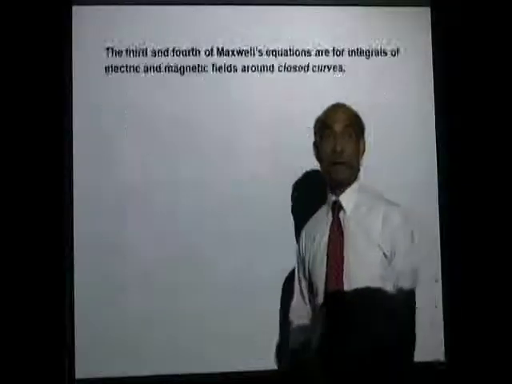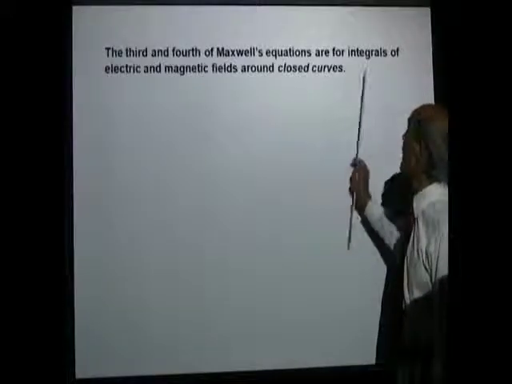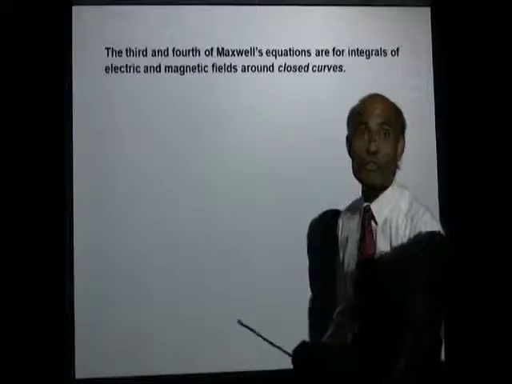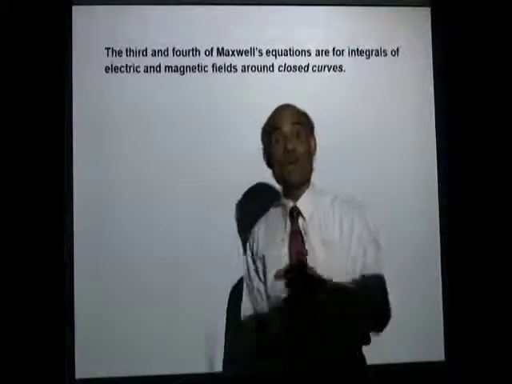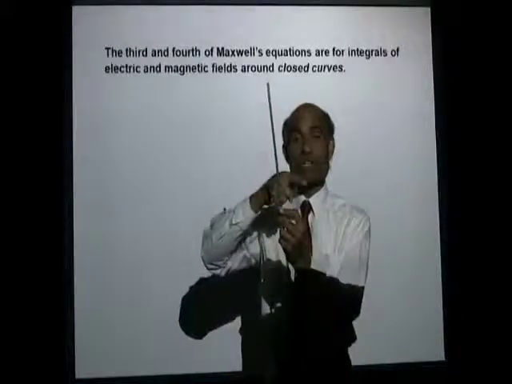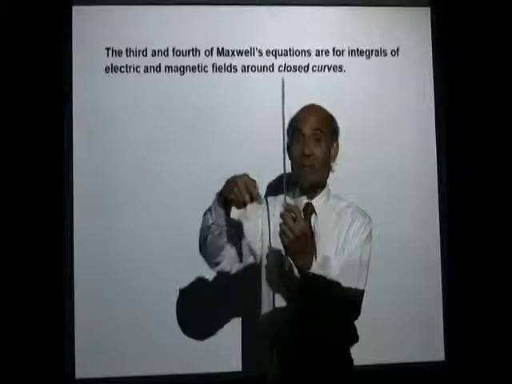That we just talked about. The third and fourth Maxwell's equations are for integrals of electric and magnetic fields around a closed curve. Well, are you familiar with integrating around a closed curve? We just talked about it, Ampere's rule.